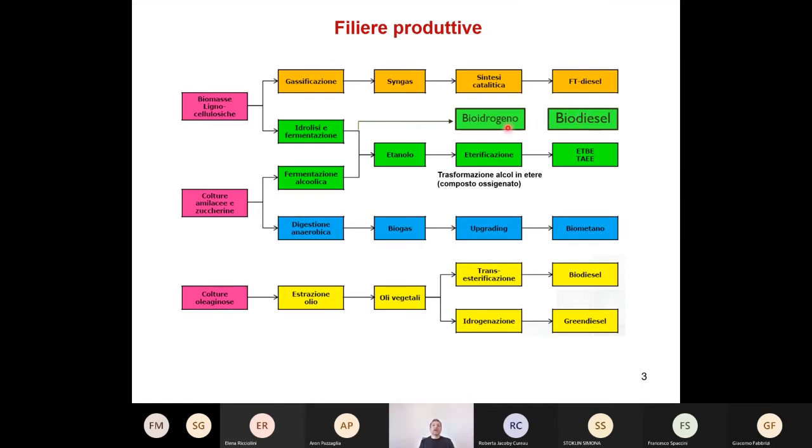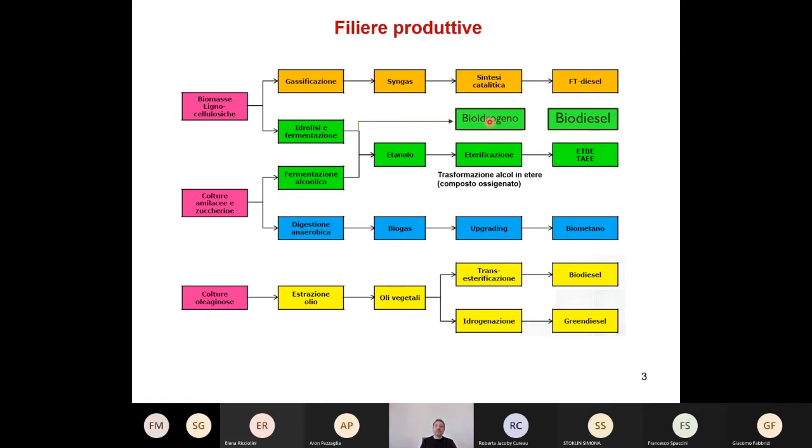In general, when we speak about biodiesel, we don't use the acronym FT or green diesel, but we have to know what the feedstock is, where you are starting from. I just added another possible pathway.